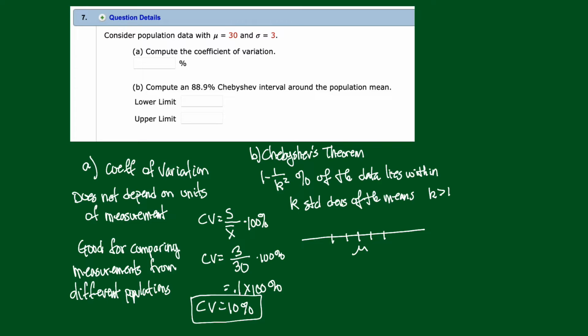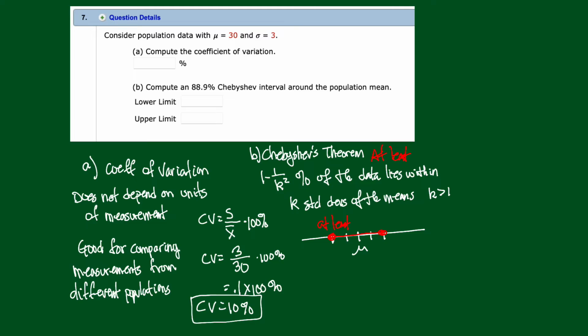If we were to go out 2 standard deviations, say from here to here, what we have is at least, I forgot that wording in here. Chebyshev's theorem says at least 1 minus 1 over k squared percent of the data lies within k standard deviations.